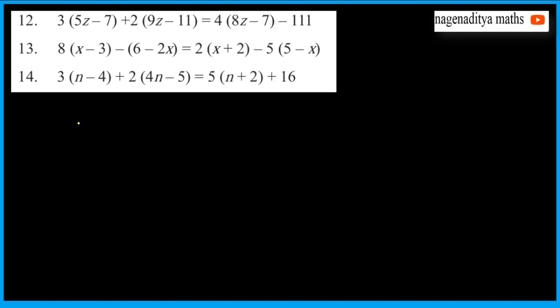So next problem, 14th one. 3 times n minus 4 plus 2 times 4n minus 5 is equal to 5 times n plus 2 plus 16.